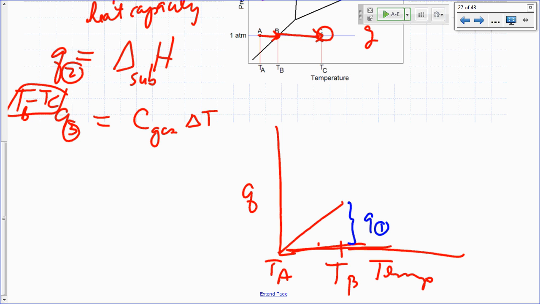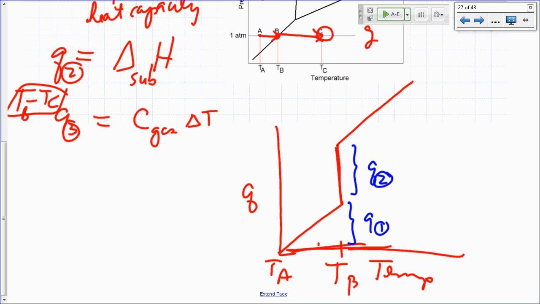What happens at temperature T sub B? It will sublime, right? While it's subliming, the temperature will remain constant. So constant temperature means you get a vertical line, right? So this amount right here, Q2, is the delta H of sublimation. And what happens when the solid has been transformed into a gas completely?